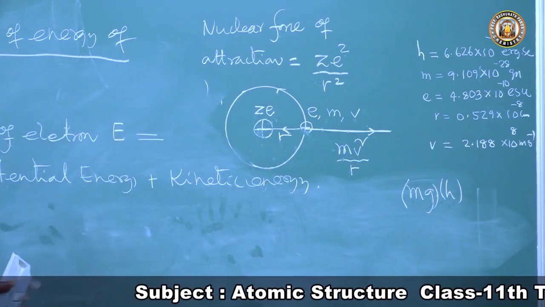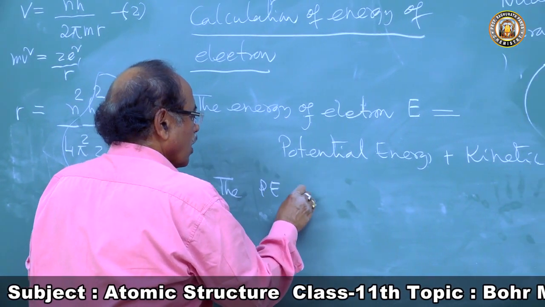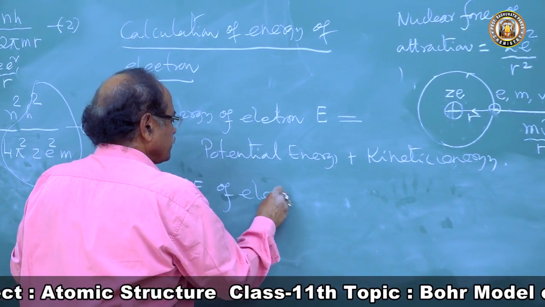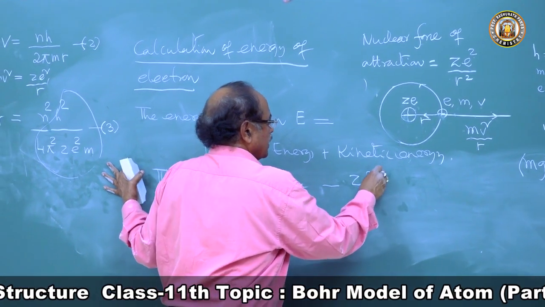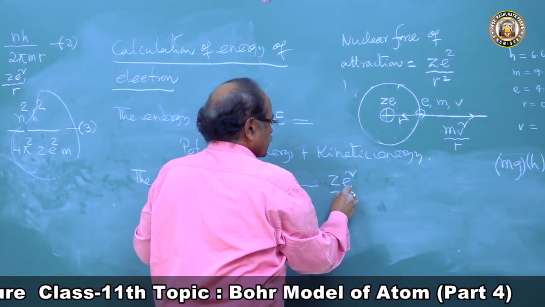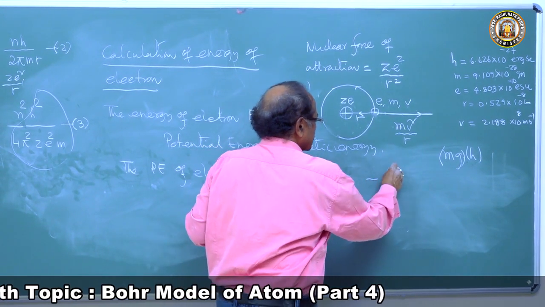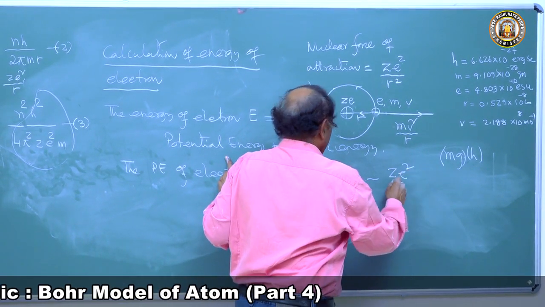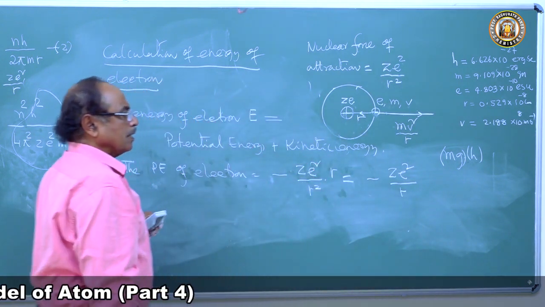So the potential energy of the electron will be equal to minus Ze square by r.